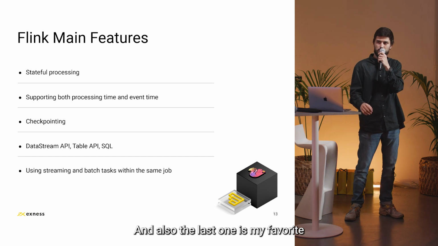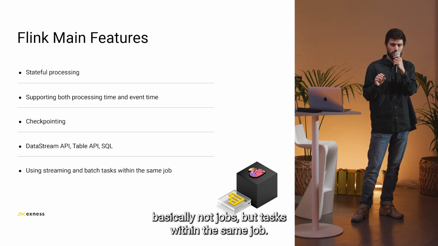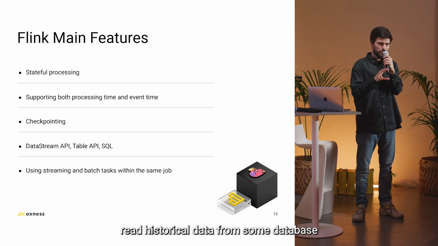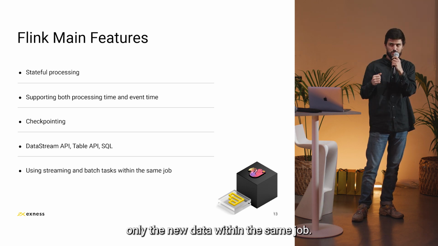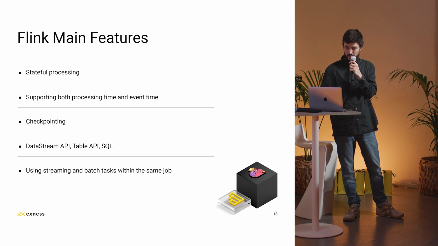And the last one is my favorite: you can combine streaming jobs and batch jobs together. Basically, not jobs, but tasks within the same job. For example, you want to read historical data from some database and then continue processing only the new data within the same job. On Flink, you can do it pretty easily.